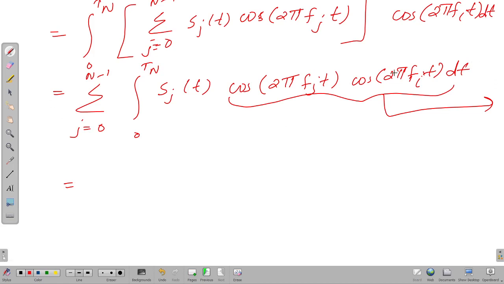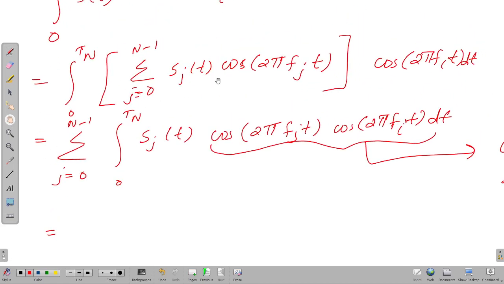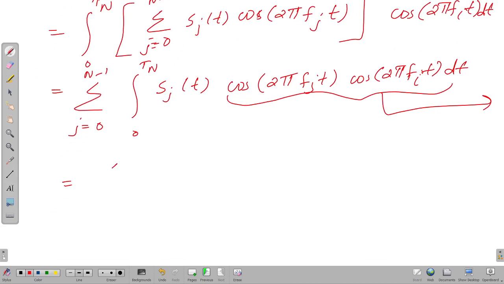This happens at one of the communication chains where the incoming signal is multiplied with cos 2 pi fi t dt, and this gives the value summation j equal to 0 to n minus 1, integral 0 to Tn, only if this gives some non-zero value, only if this frequency fi is equal to fj, or in other words only if i is equal to j, or in other words you can say it is Si of t dt.